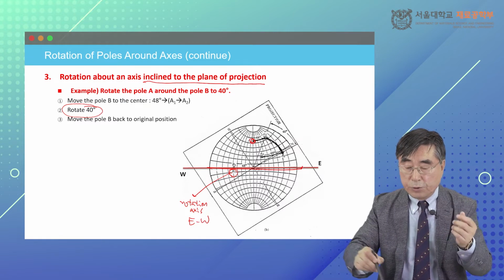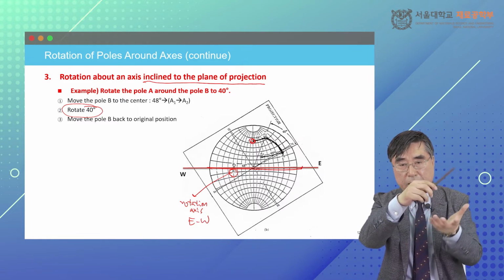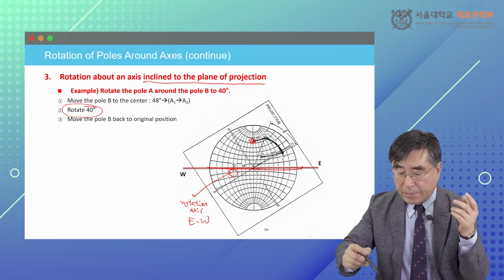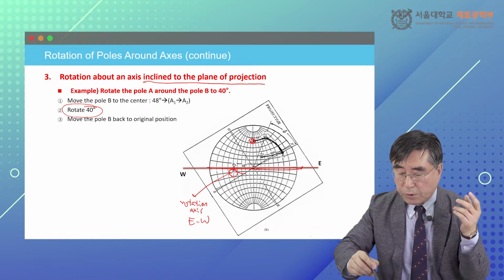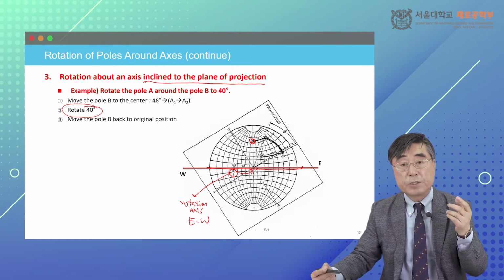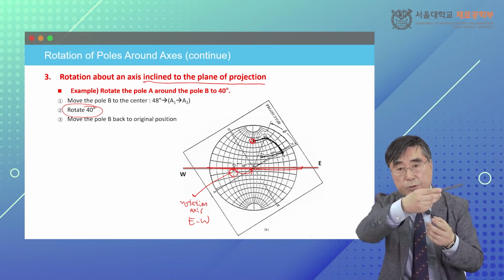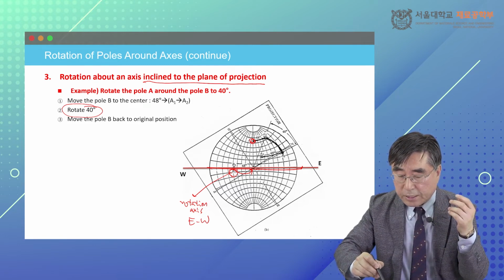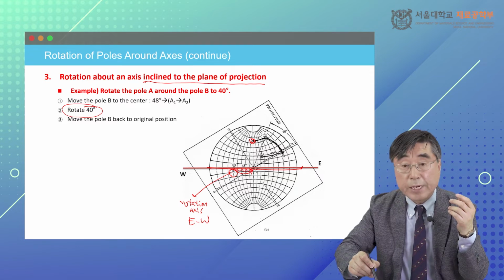Then first, you make this inclined pole upside. Then you have to rotate certain degrees, which I meant is you put this B1 pole on the center of the stereoscopic projection, then you have to rotate your pole. Then in this case, you measure it, this 10, 20, 30, 40, 48 degrees.